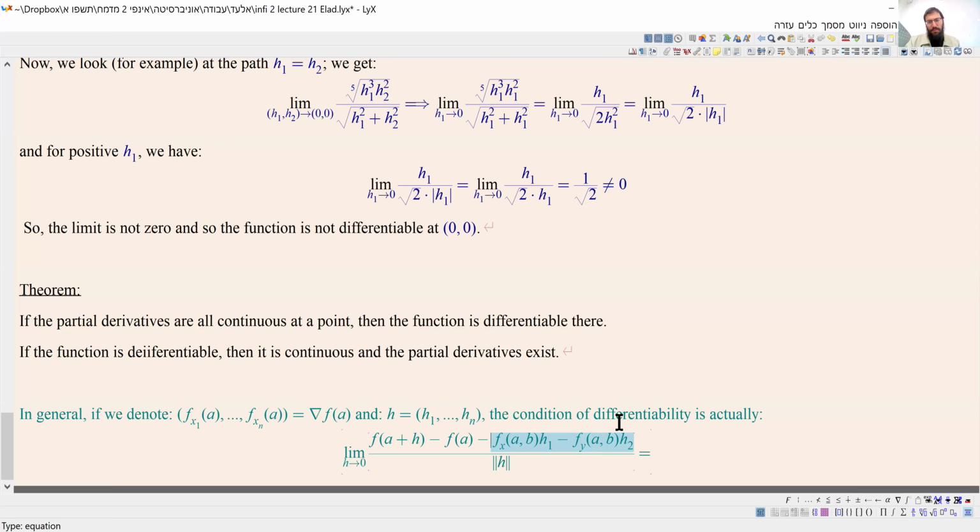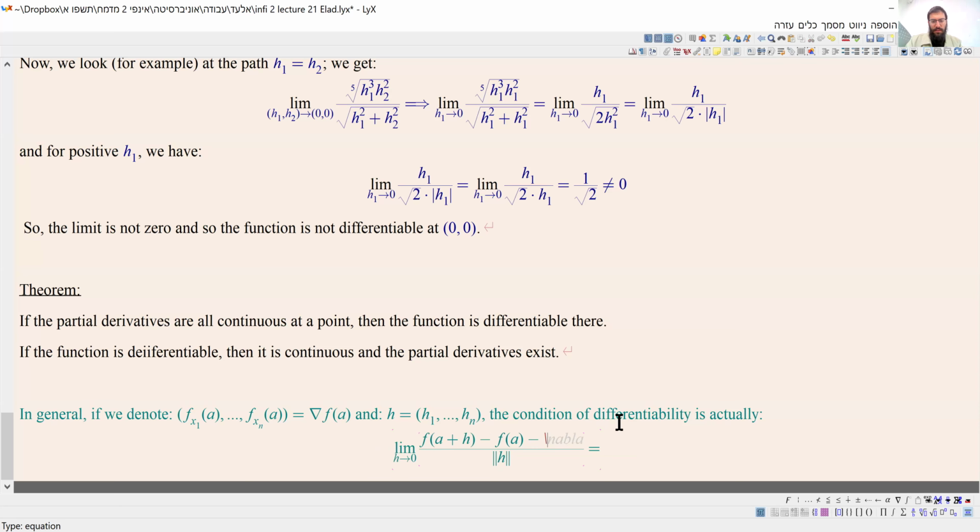So generally speaking, for n variables, we have here this vector of the partial derivatives, which is called the gradient, by the way. We'll talk about it, as I mentioned, next week, multiplied by h. And again, when it is written in the vector way, it looks more elegant. It is hiding behind the h and a lot of variables.